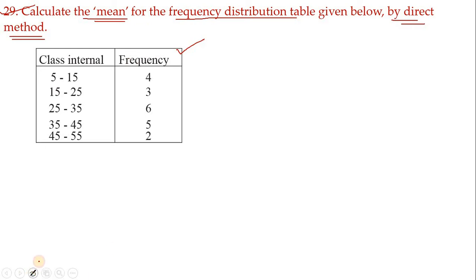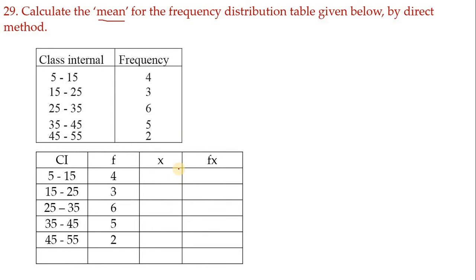Now the table has been given. To calculate the mean, we have to prepare a table of 4 columns. So here I have drawn a table of 4 columns: the class interval, frequency. These 2 columns will be taken from the question itself.